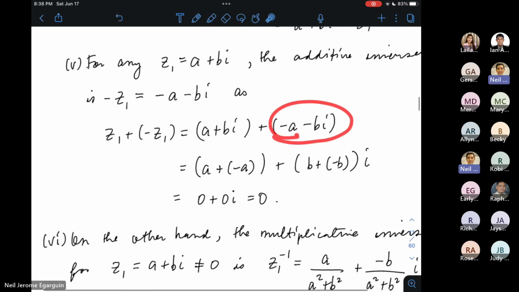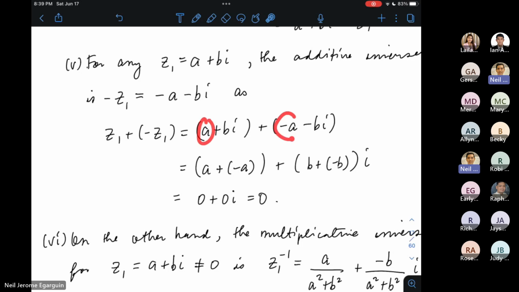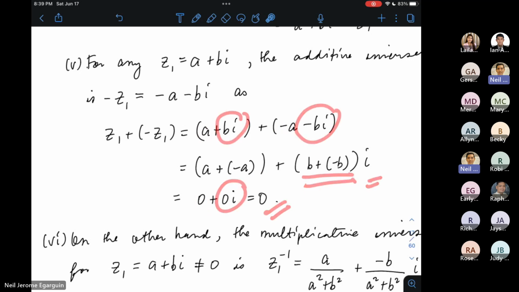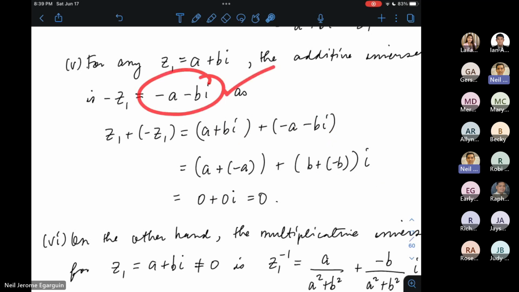Then if you apply the definition, equation 16, it will just be A plus negative A, which is just 0, plus BI plus negative BI, which is just the quantity B plus negative B times I, that will just be 0. So the answer is 0. So that means it is correct. This is the additive inverse.